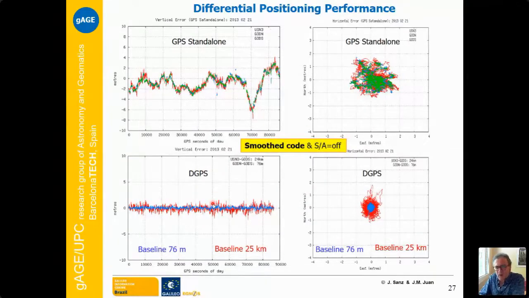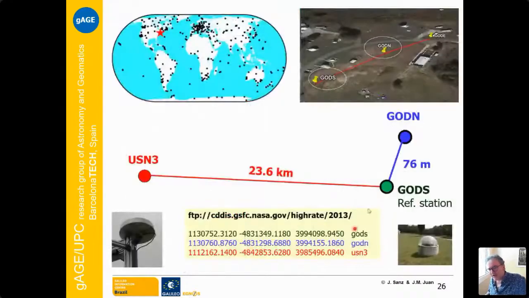And here in the bottom plots, we show the differential solution. In blue, we show the differential solution for the receiver in blue regarding the reference station. The baseline is meters, and this is the solution for the receiver in red regarding the reference station, which is kilometers.